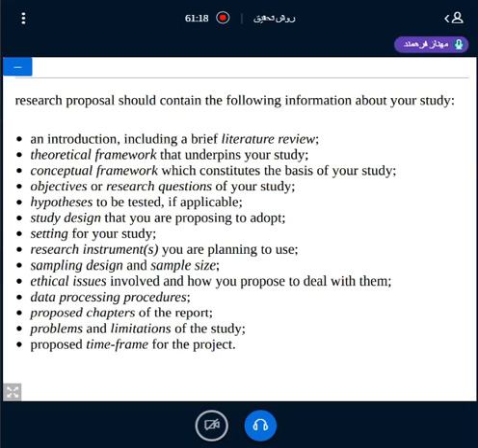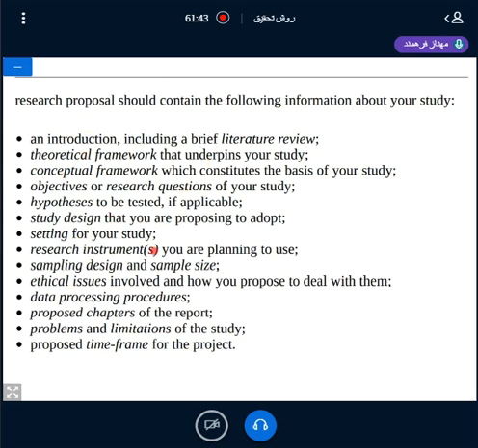In a research proposal, you must follow some information in your study. So, a research proposal should contain the following information about your study, and these items must be in your study.